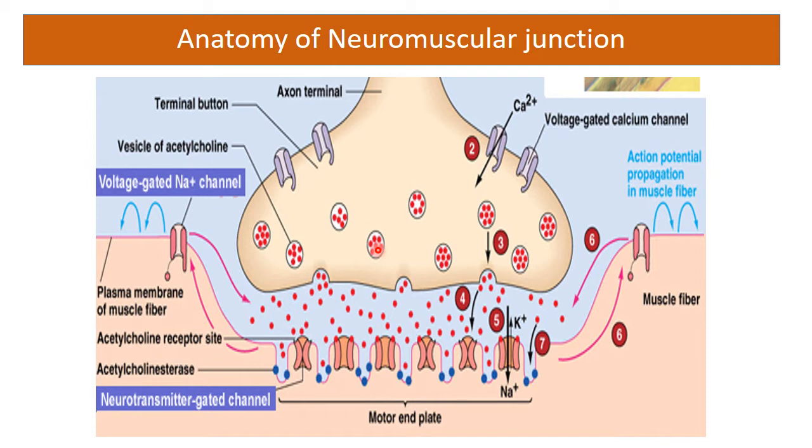In the axon terminal, mitochondria are also present. Not shown in this picture, but they are present, that supply ATP, energy source that is used for the synthesis of this acetylcholine. And acetylcholine is synthesized in cytoplasm of this terminal button and stored in these synaptic vesicles.